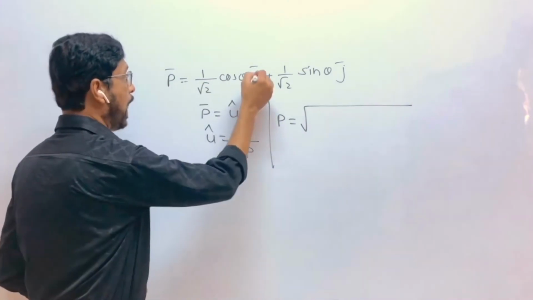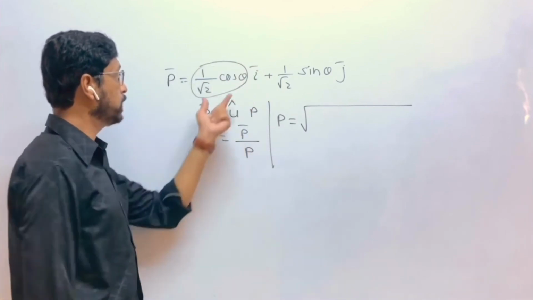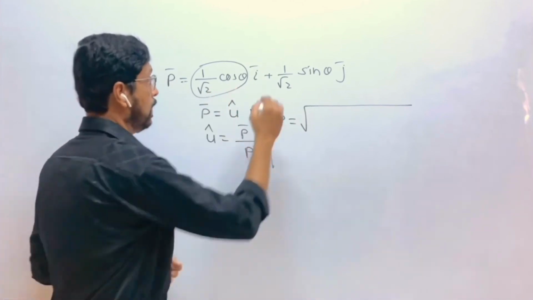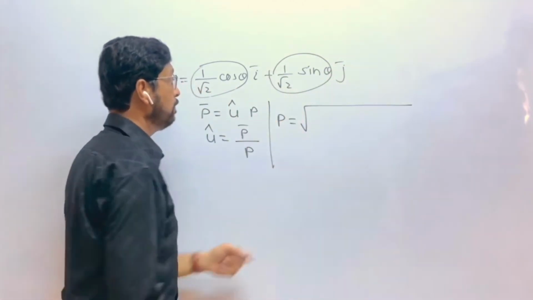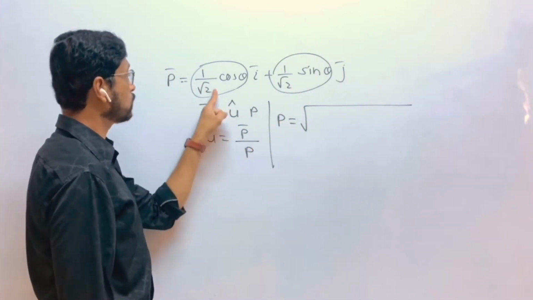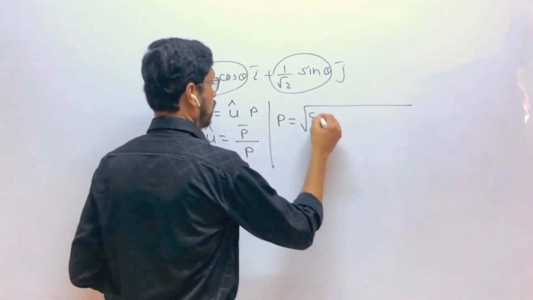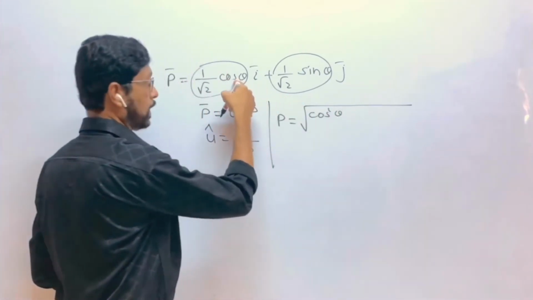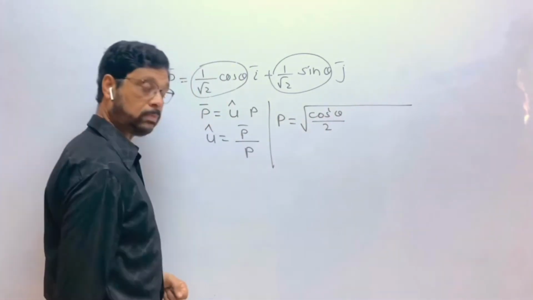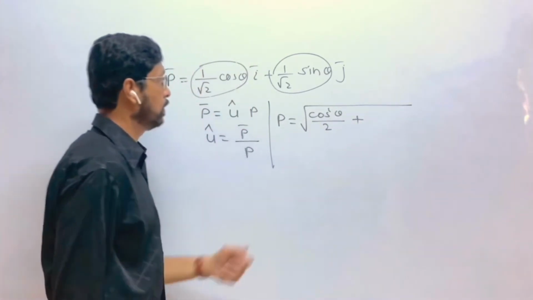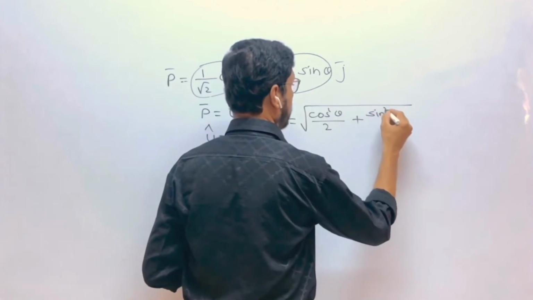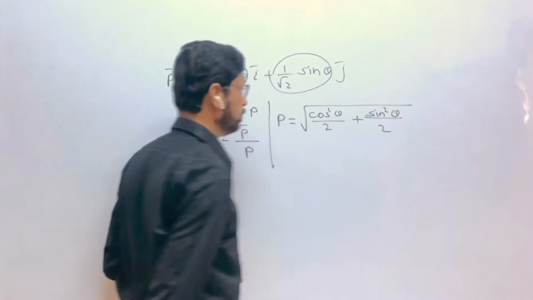ax means the coefficient of i, that is 1 by root 2 cos theta. This is ax, and this is ay. The coefficient of j is ay. So under root ax square, that is cos square theta upon root 2 whole square, that is 2, plus ay square, sin square theta upon 2.